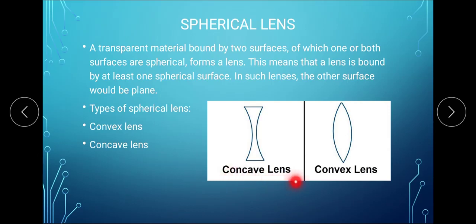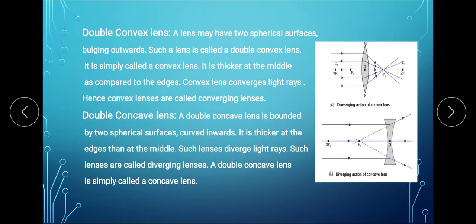In a double concave lens, both the spherical surfaces are curved inwards, whereas in a double convex lens, both the spherical surfaces are curved outwards. A concave lens is thinner in the middle and a convex lens is thicker in the middle. So depending upon their spherical surfaces, they have been classified as concave and convex.